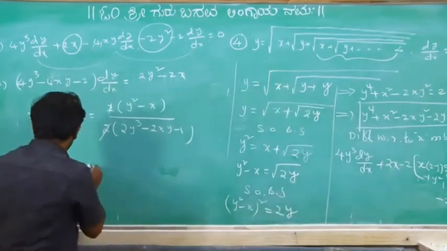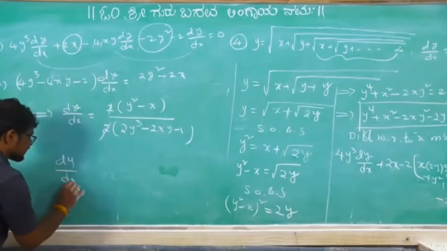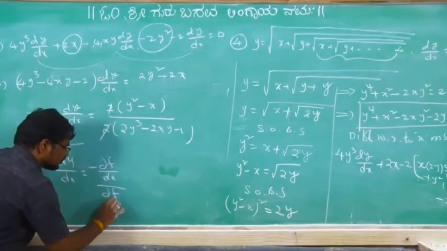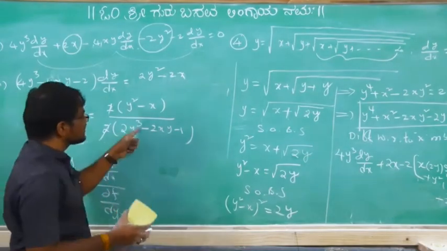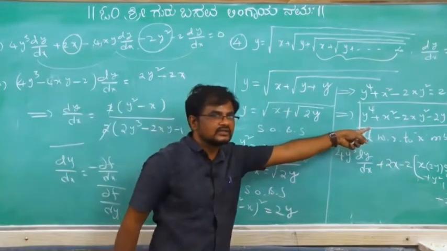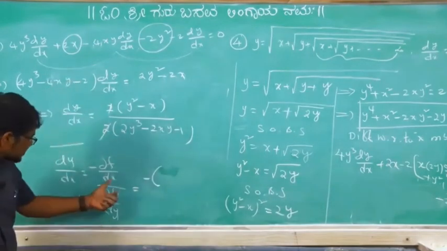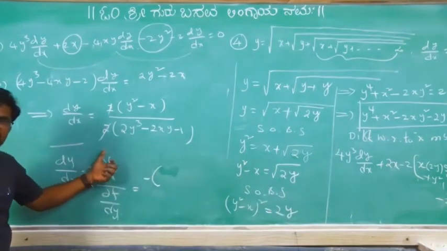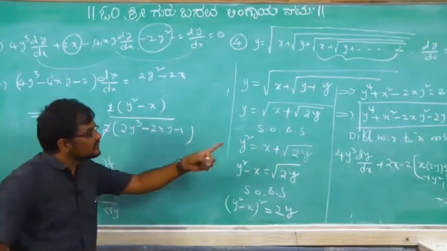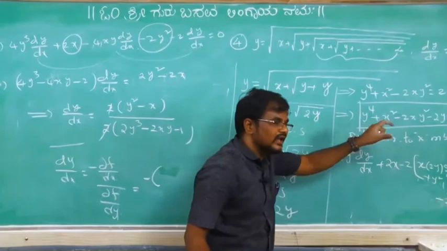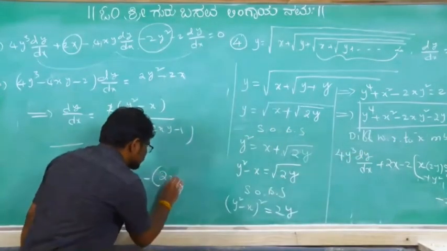So dy by dx equals minus dou f by dou x divided by dou f by dou y. If you apply, the same thing you will get. So that equals minus of the differentiation of the given function with respect to x. This one is constant, this is 2x.